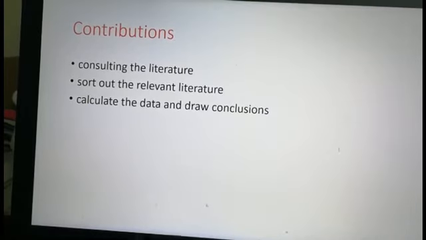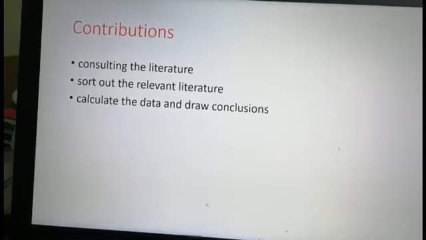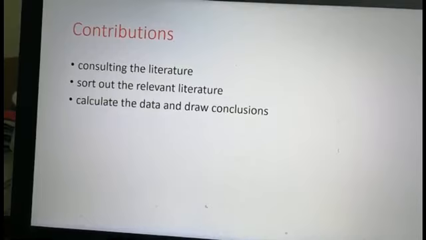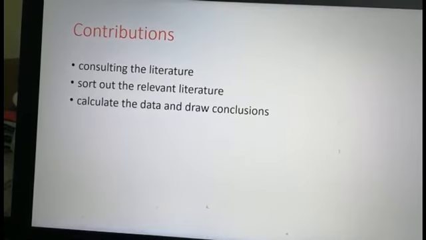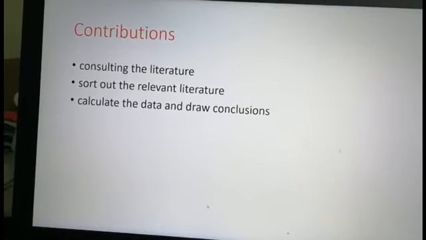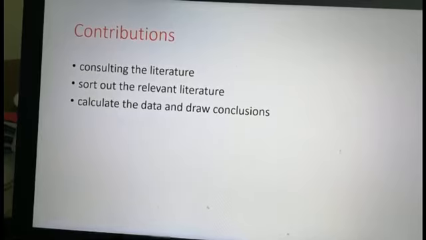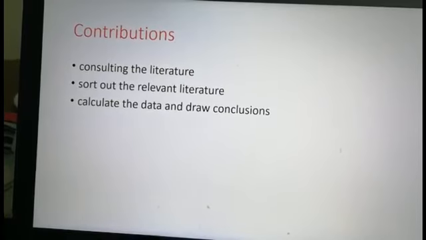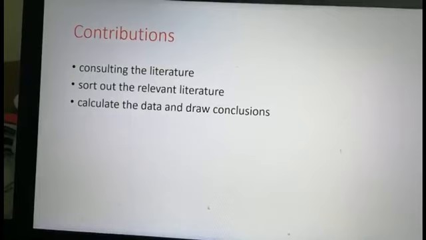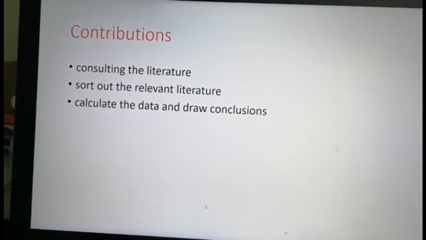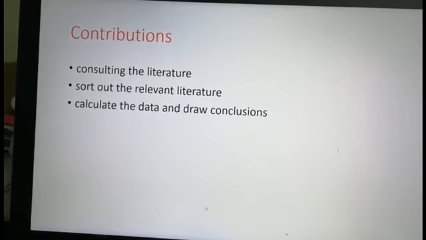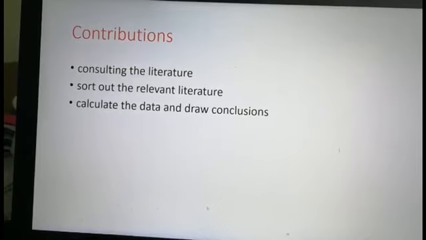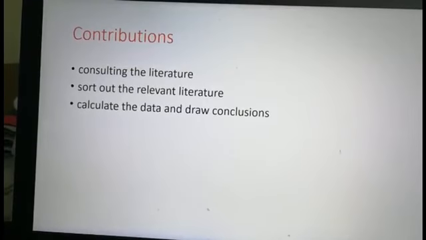Yinhua Zhu is responsible for consulting the literature to find literature suitable for our project. The task of Xinzhou is to sort out the relevant literature. Finally, Hong Zhetian's task is to calculate the data and draw conclusions.